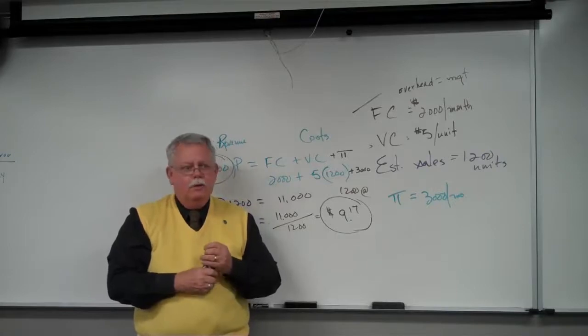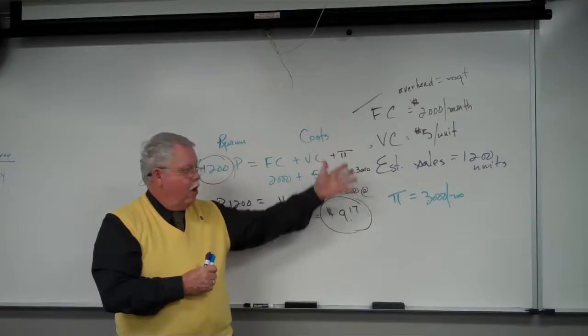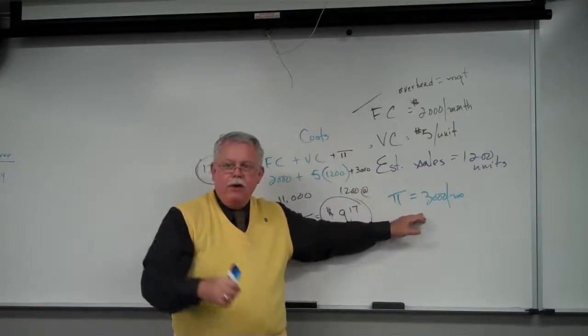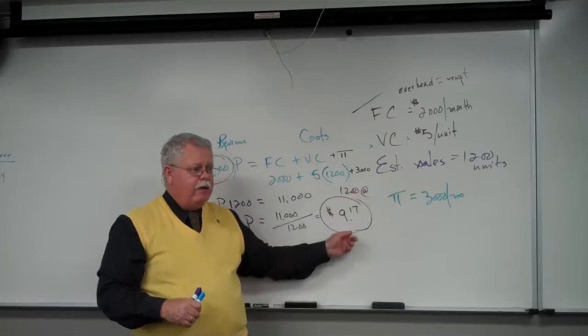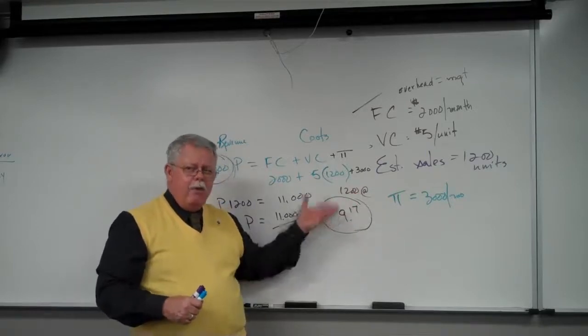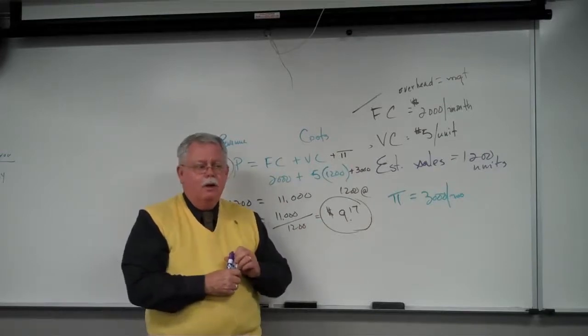What would I have to do? I figured out, given my costs and the profit I want to make to make a living, I got to be able to sell 1,200 of these things every month for $9.17 a piece. And I'm debating whether to go into business or not. What should I do next? How much is it worth? How much they sell for?